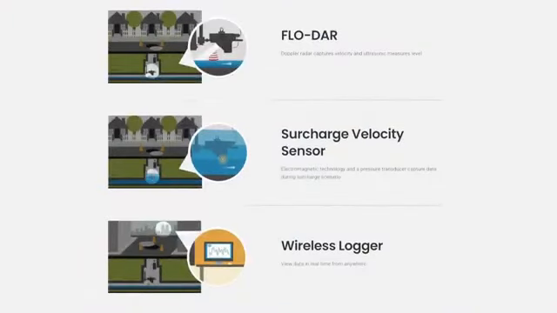Although we sell and service using just a radar level sensor and then doing a calculation, say using Manning's equation, that gives you an idea of what's going on. But in our world of doing I&I, we really want to know the velocity of the flow.